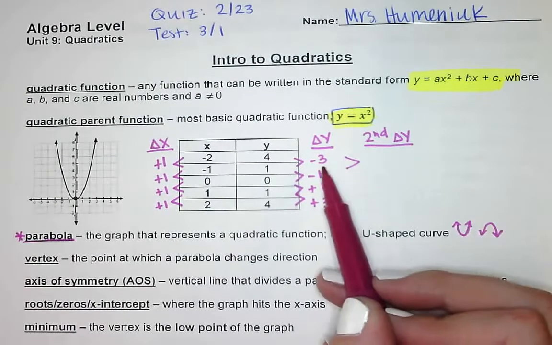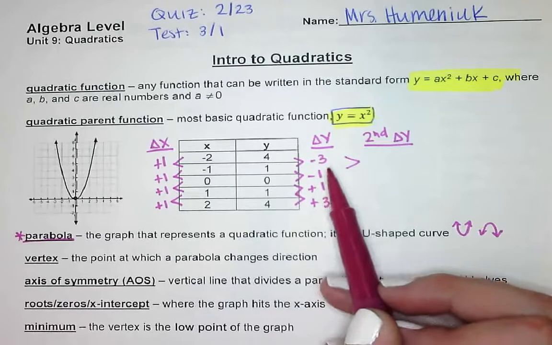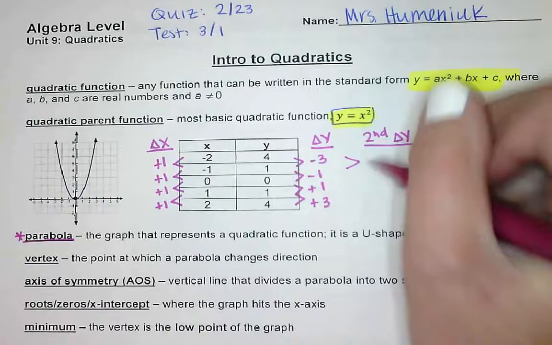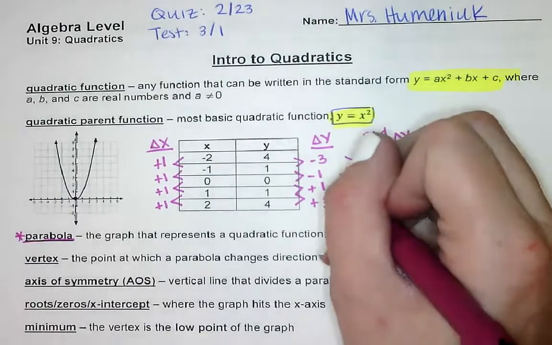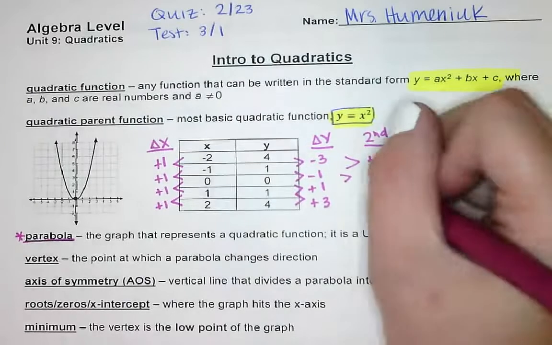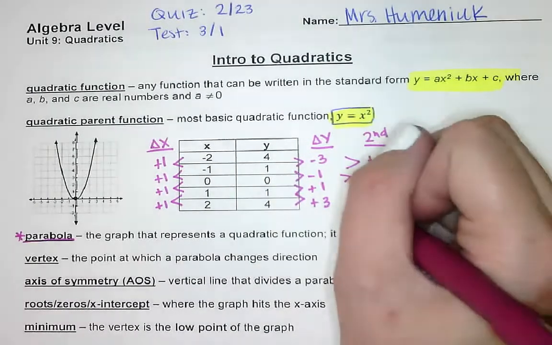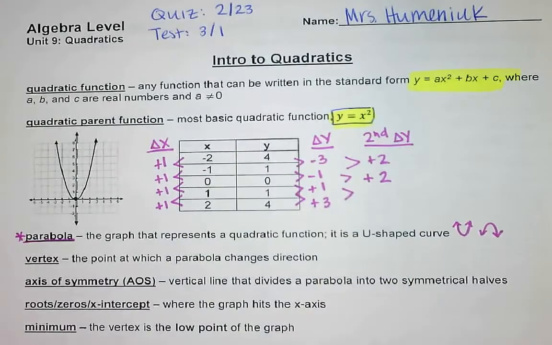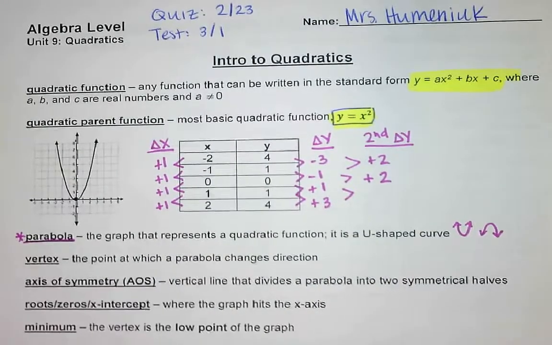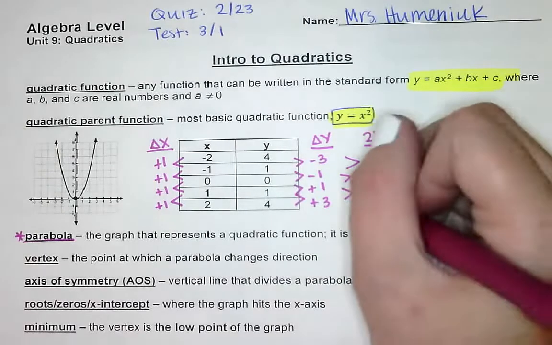So check this out. -3 to -1. What am I doing to get from -3 to -1? Adding 2. To get from -1 to +1, what am I doing? Adding 2 again. And last but certainly not least, to get from 1 to 3, what am I doing? I'm adding 2.